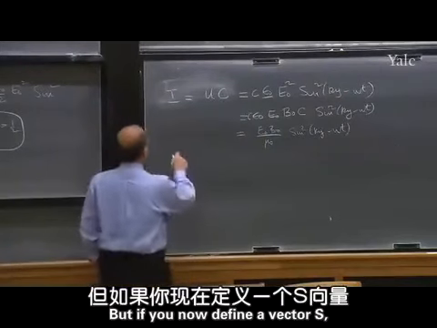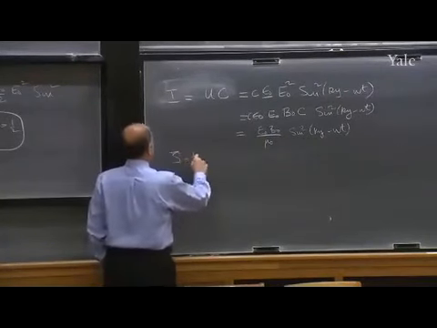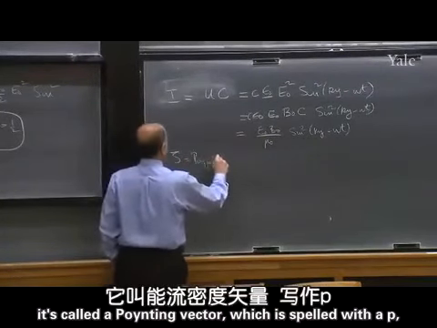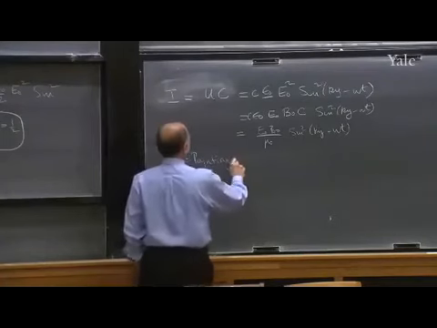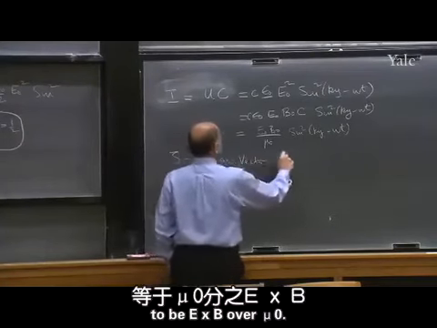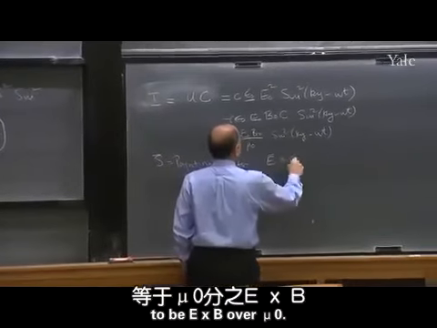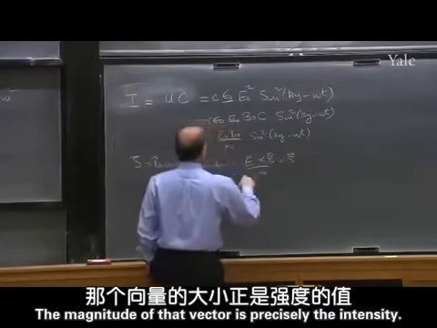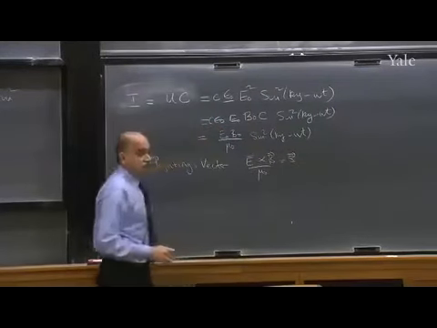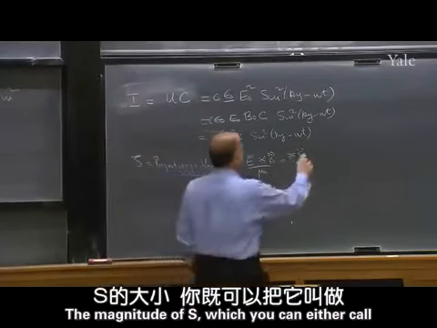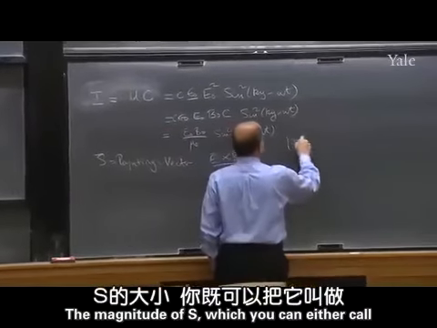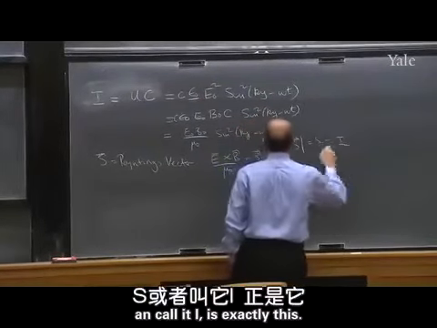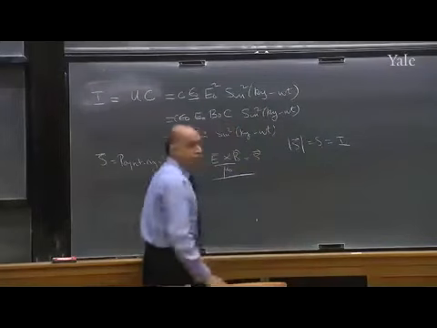But if you now define a vector S, it's called the Poynting vector, but spelled with a P, to be E cross B over mu 0, the magnitude of that vector is precisely the intensity. The magnitude of S, which you can either call S or you can call I, is exactly this.